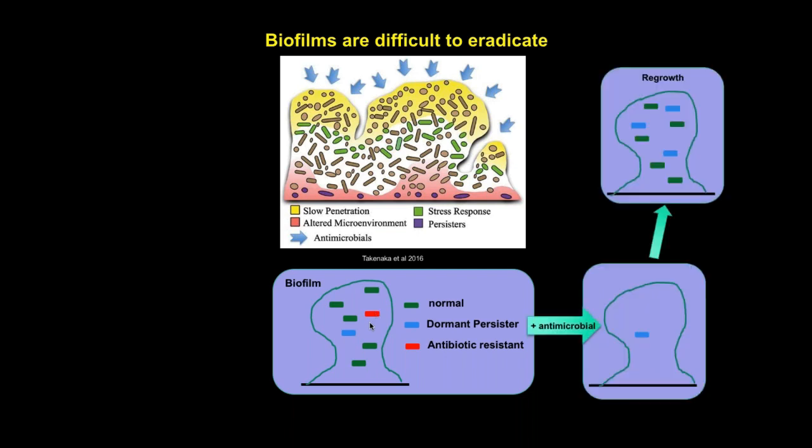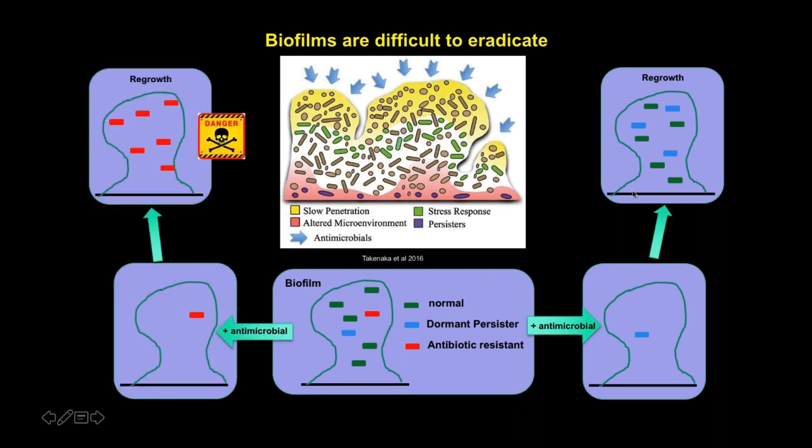So if we have an antimicrobial that can kill the normal cells and the cells within the biofilm are not resistant to it, everything will die except for the persister cells, which will be dormant or changed in some way normally to make them a bit tolerant of the antimicrobial. But if the antimicrobial goes away and the conditions change, there may be regrowth, and then you'd get regrowth of both types, the normal cell and also persister.